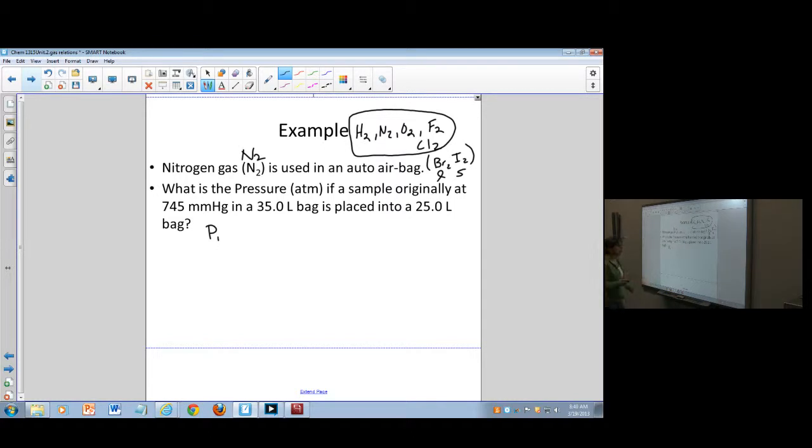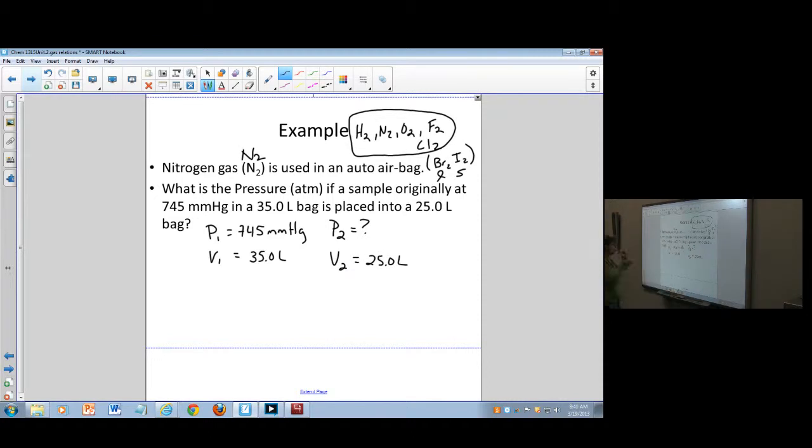In this case, we know the pressure of the first one is 745 millimeters of mercury. We also know V1, the first condition, is 35.0 liters. Now, we're looking for how the pressure changes when we change the volume to 25.0 liters.